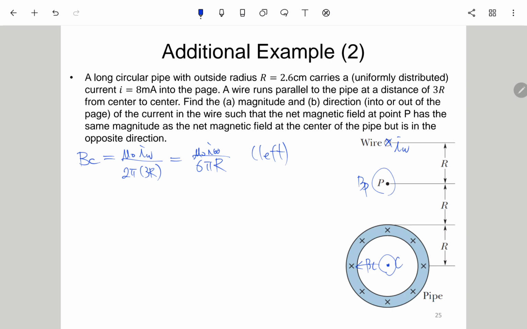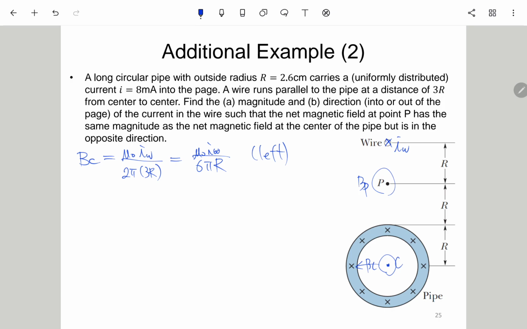Maybe you ask, how do I know if it's into the page or out of the page? Actually, it doesn't really matter. If the current is actually going into the page, then your answer will be a positive value, nothing special.